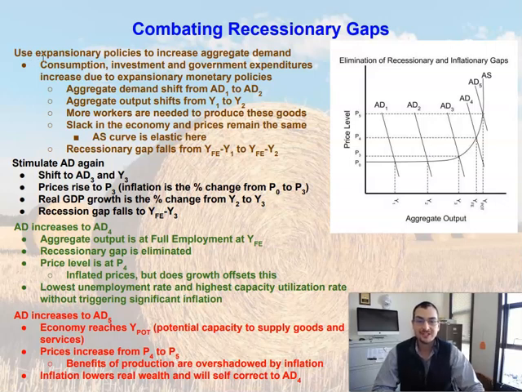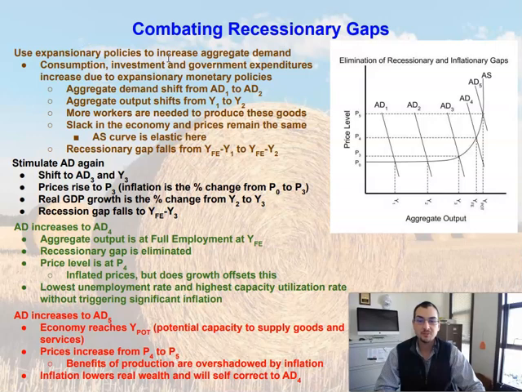So we're going to use expansionary policies to increase aggregate demand. Remember that a recessionary gap occurs whenever the equilibrium of the market is below full employment. So we want to reduce that recessionary gap by moving that equilibrium closer to full employment.